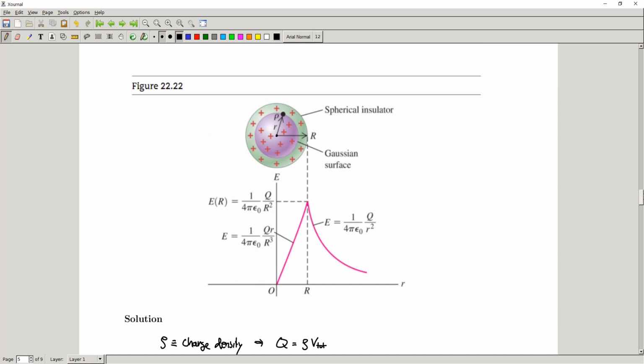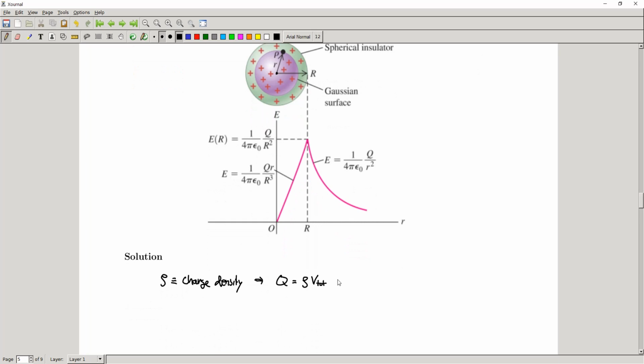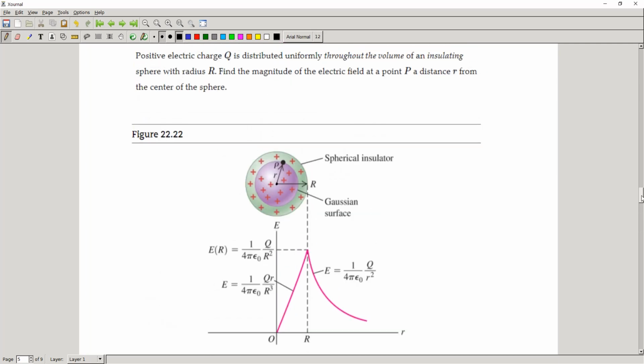Okay, so maybe I can write that here. This is going to be equal to rho, and this volume is really going to be 4/3 pi capital R cubed, right? And this is just the volume of a sphere of radius big R, and it has radius big R because we're talking about the whole insulating sphere.